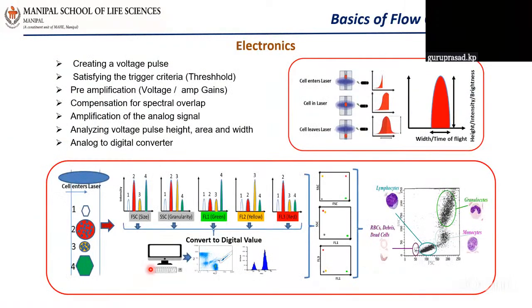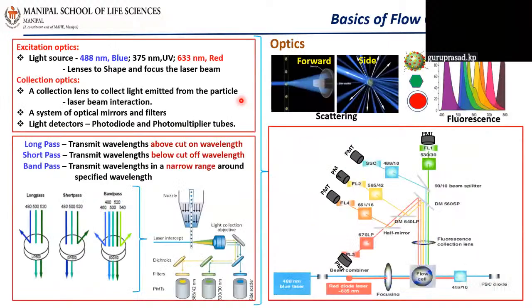So what does the electronic part actually do? When the light is entering into the photomultiplying tube or a diode, the light is received by the PMT, and there is an ADC, analog to digital converter. This PMT amplifies the light signal given by a cell.